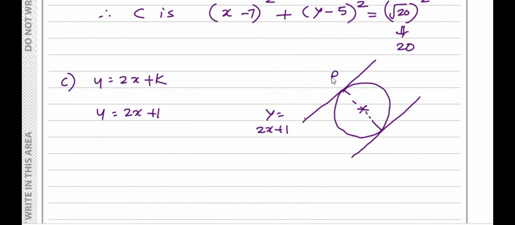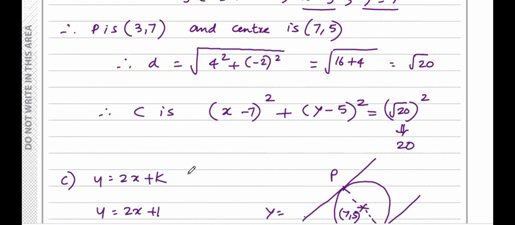So this point is P. Let's call the intersection point for the second tangent M, and the center is (7, 5), and we already determined P as (3, 7).